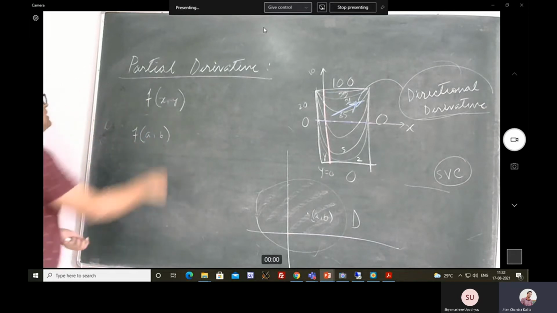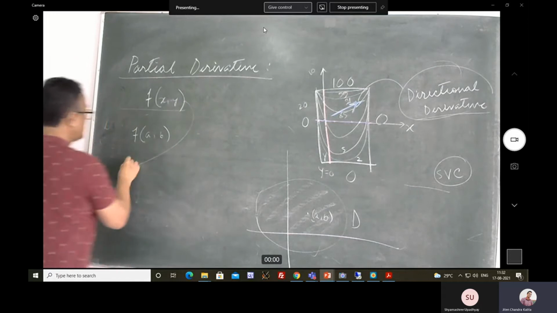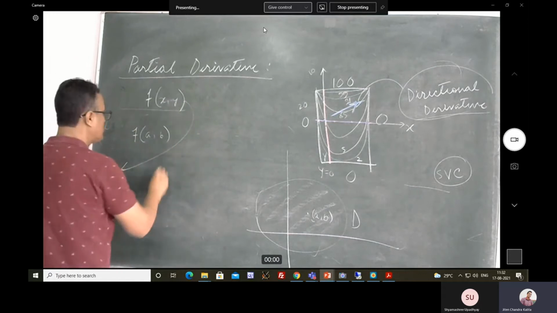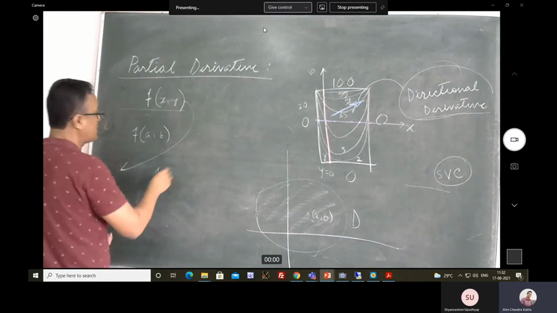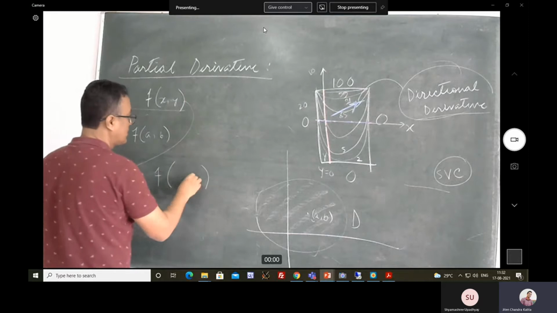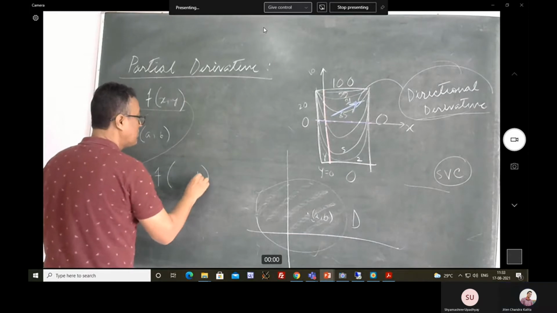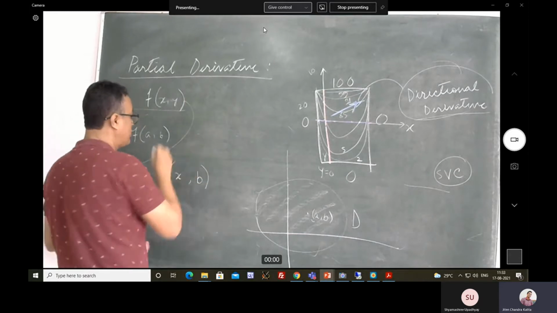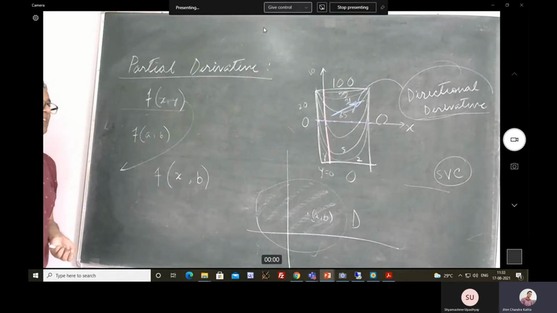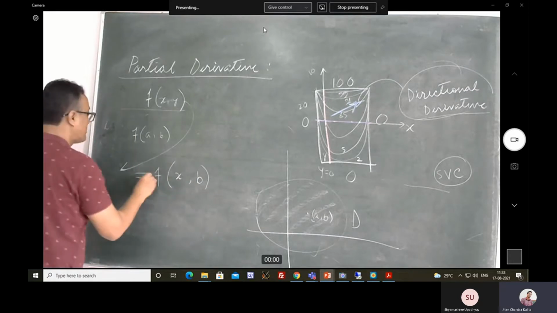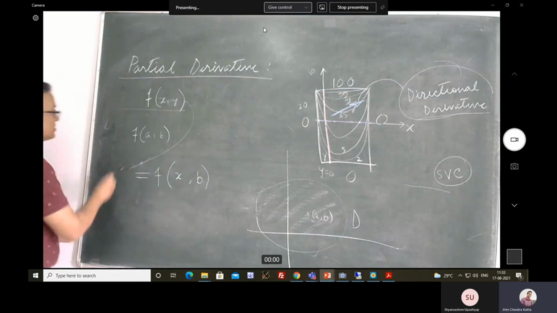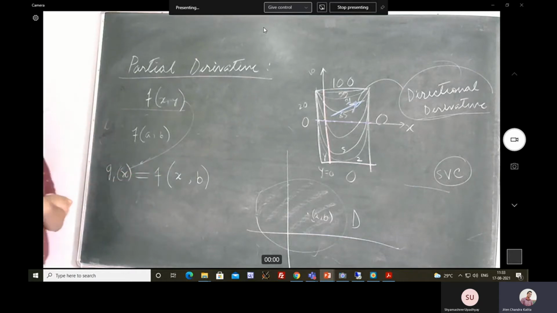So now I may consider this function in such a way that I am going to keep your b fixed, but I am going to keep x variable. So then this is going to define some function, say g1(x). I can define a function like this. Okay, fine.